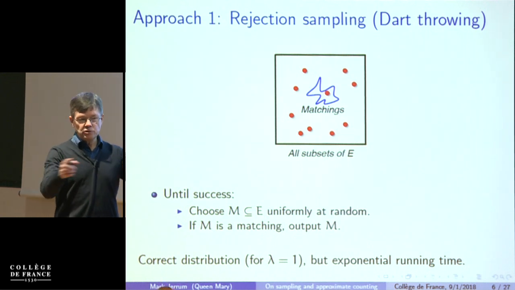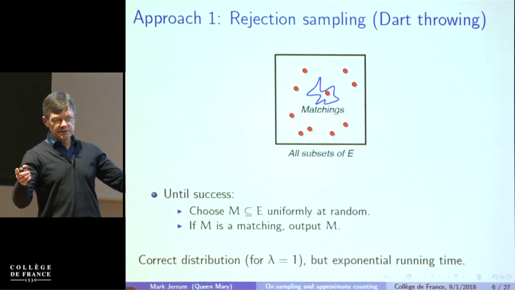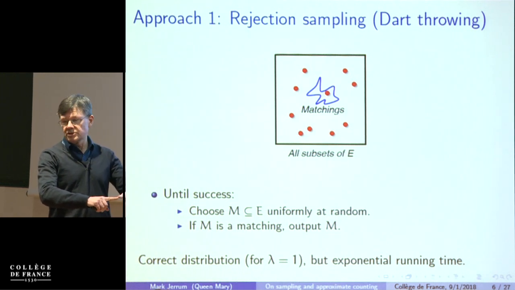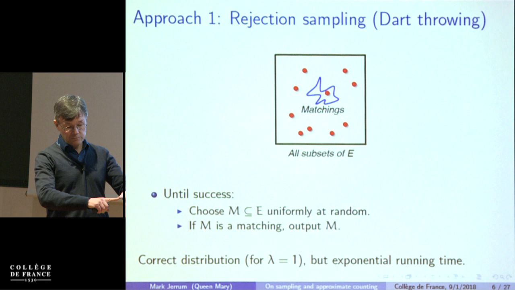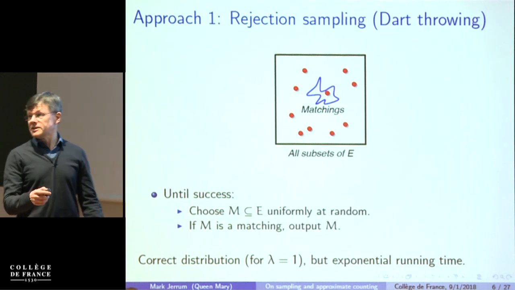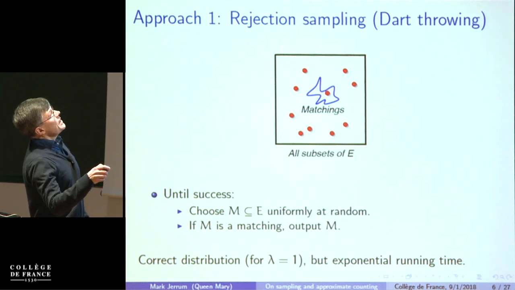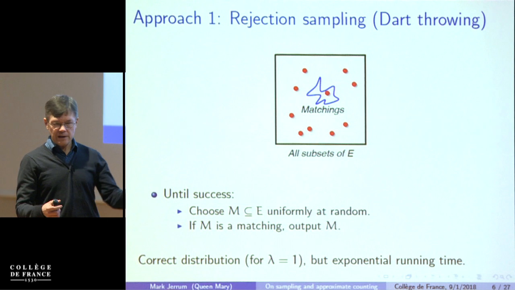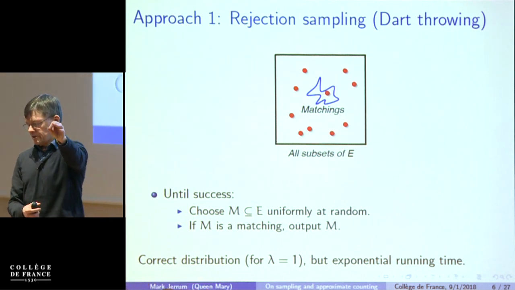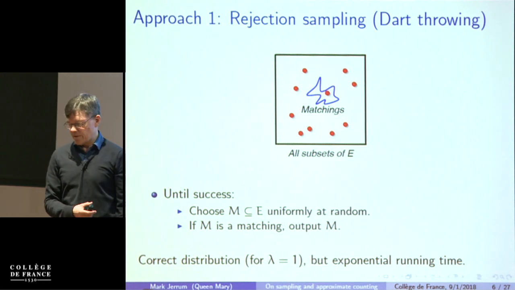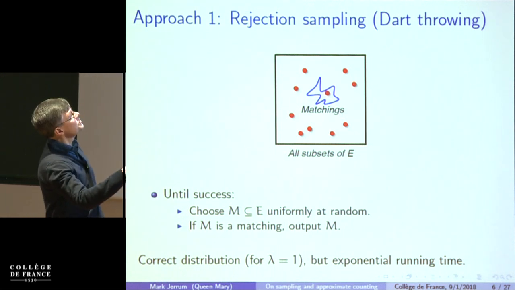If you choose a random subset of the edges, in general there'll be a pair of edges, in general many of them, which collide, which share a vertex, so they won't be matchings. But nevertheless, it's a valid algorithm. I've drawn that as a square because that's a nice set you can easily generate from. You just go for each edge in turn, you flip a coin, and you decide whether to put that edge in. So that's very simple, so I make that a nice simple square.